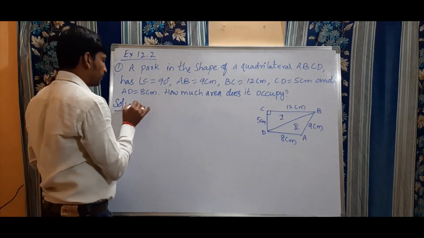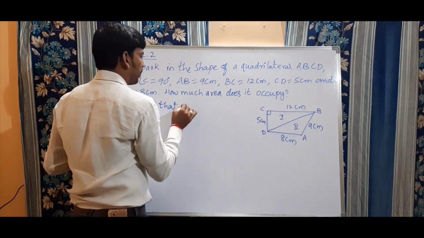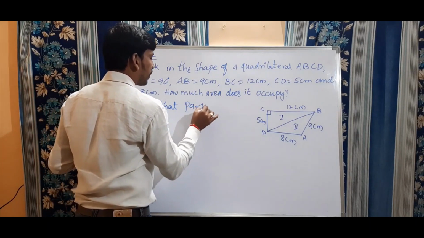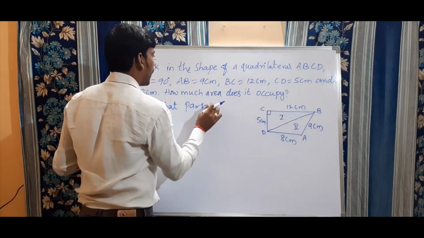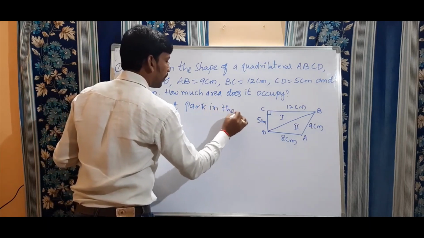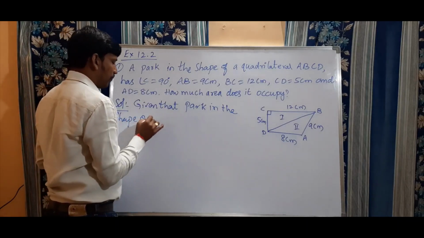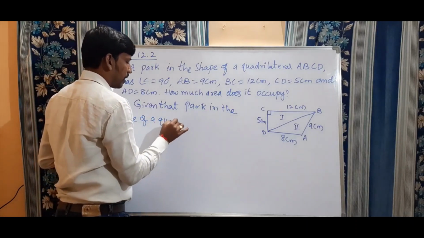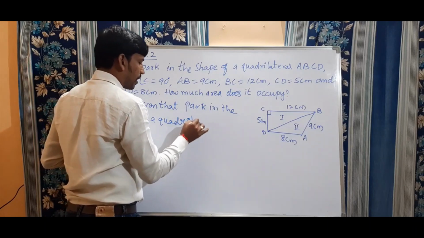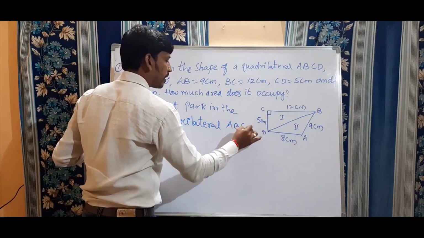Now, see this here. Given that a park in the shape of a quadrilateral ABCD, right?